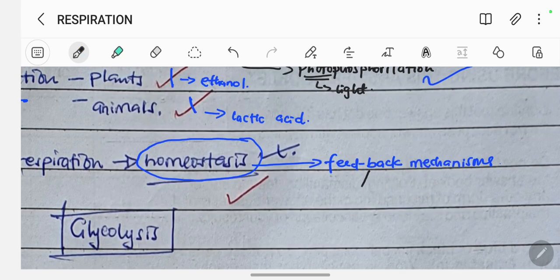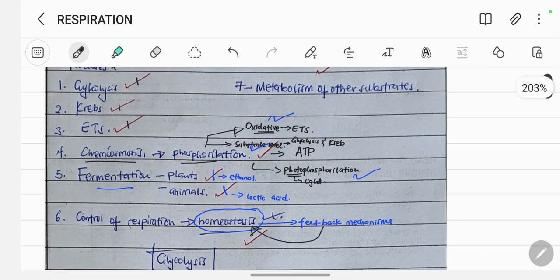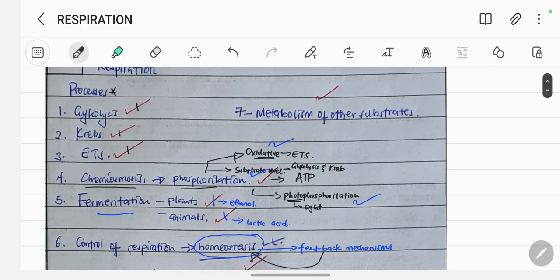So this one relates to homeostasis. Then we shall end with metabolism of other substrates.